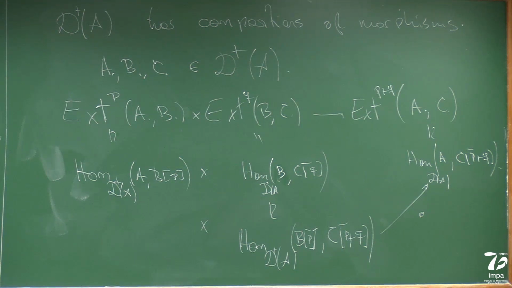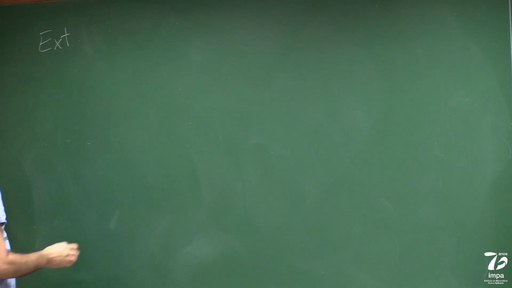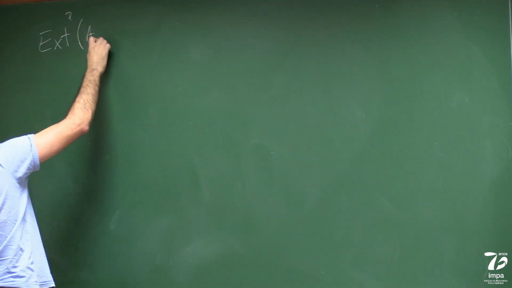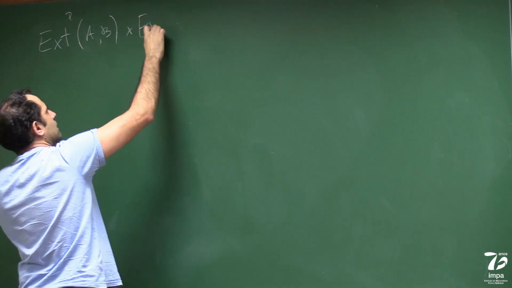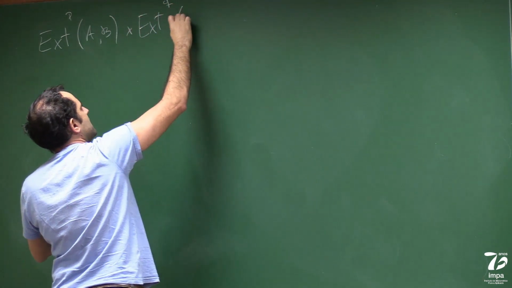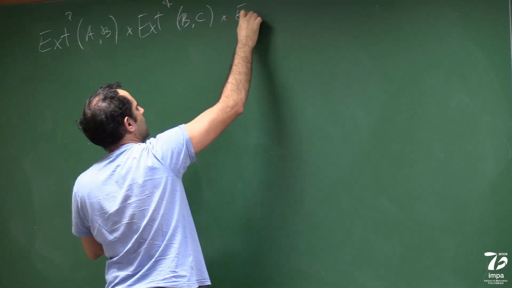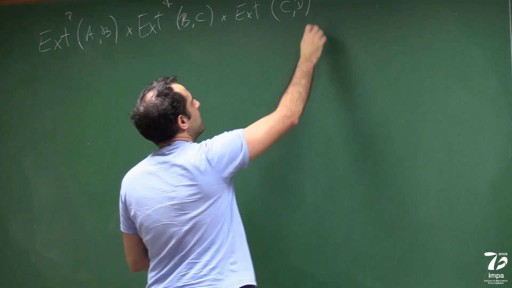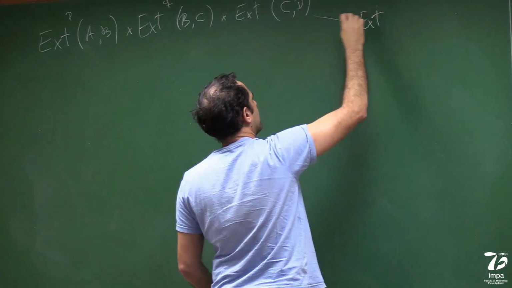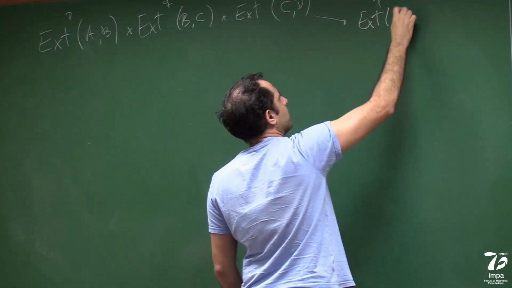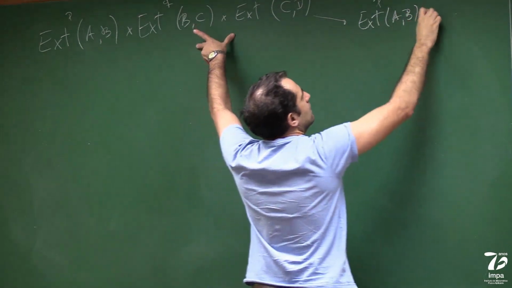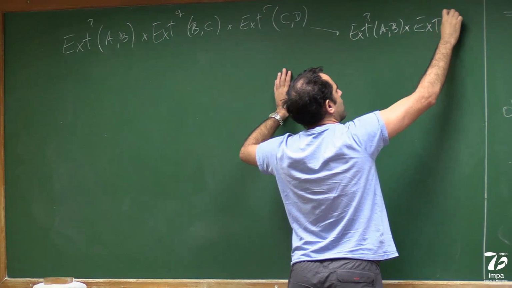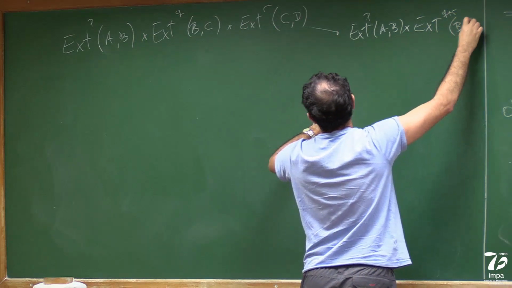Well, not really, but you want to get a ring out of that. And in the sense that Ext^P(A,B), Ext^Q(B,C), Ext^R(C,D), you can map this to Ext^P(A,B) and multiply these two to Ext^{Q+R}(B,D).